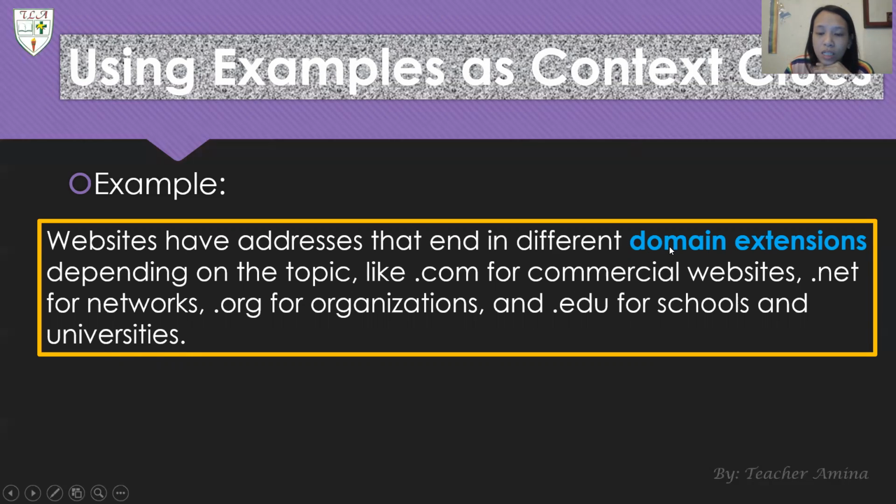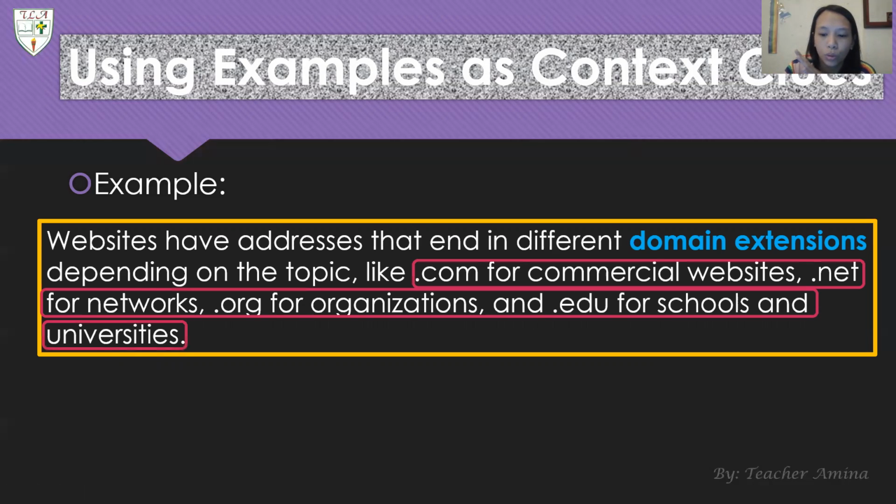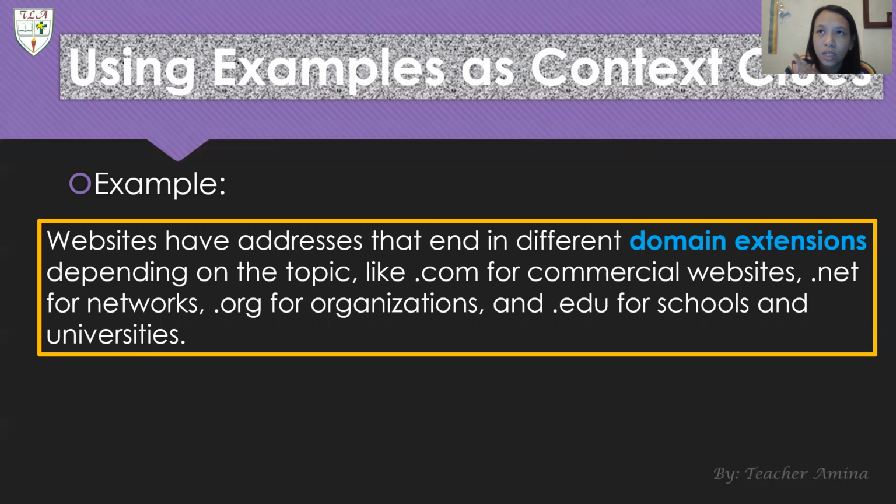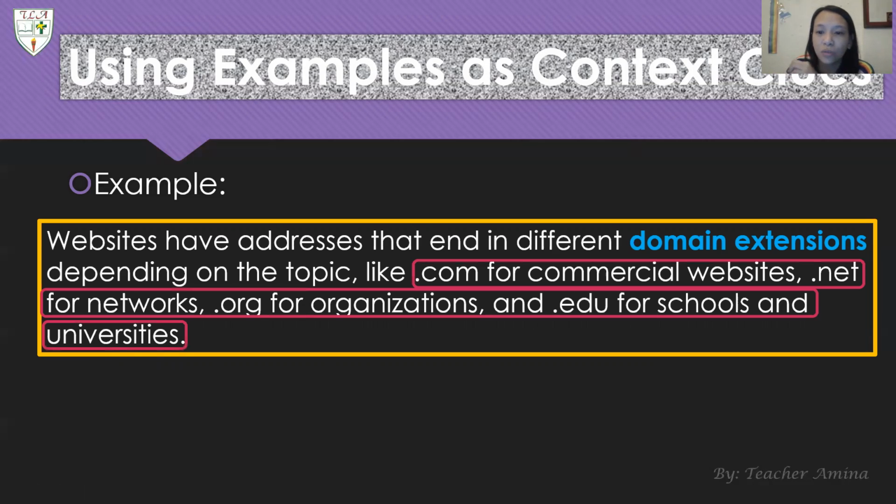This is our unfamiliar or difficult word. What are the examples listed? The examples listed for domain extensions are .com for commercial websites, .net, .org, and .edu. How did we know that? Because it was found after the expression like.